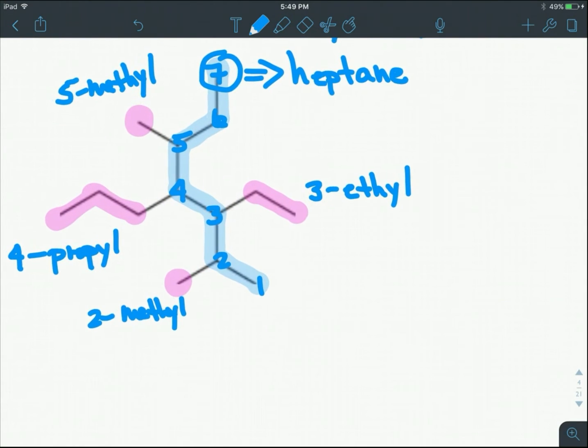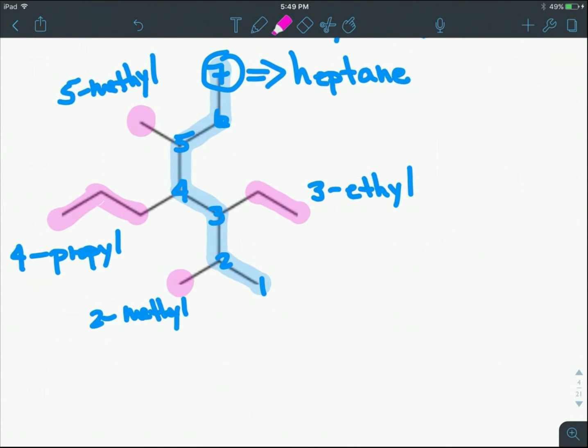Combining all that, we'll need to put everything in alphabetical order. So the methyls, obviously both are going to use the M. P for propyl, E for ethyl. So ethyl would come first. So 3-ethyl.